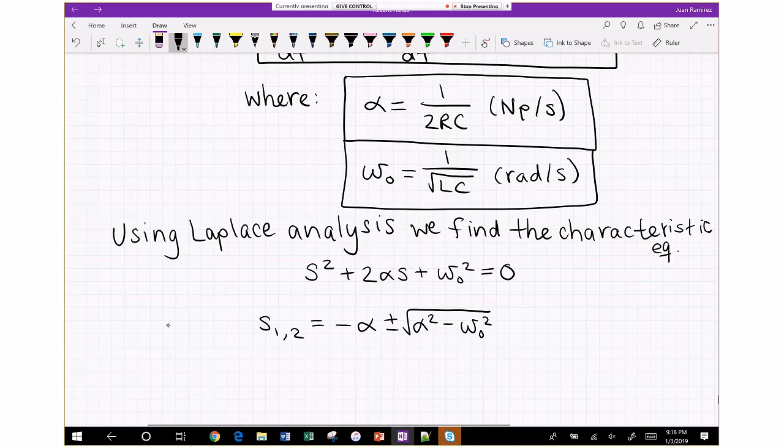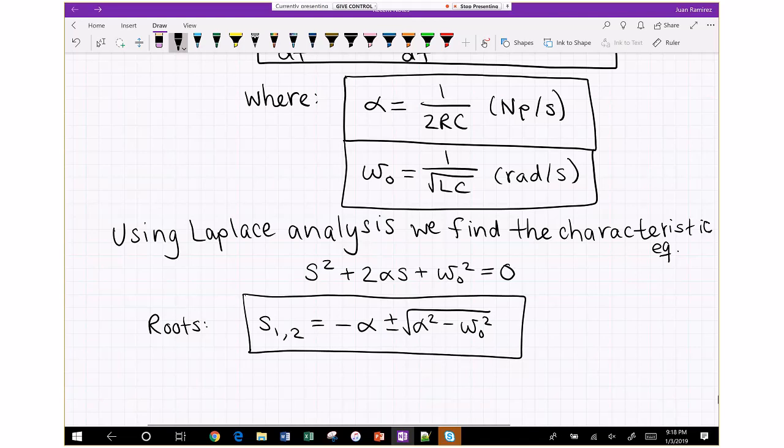All right. So all this looks a lot like what we learned in section 8.3 with the series RLC circuit. Difference is that this characteristic equation is for the voltage across the parallel RLC and not the current through the series RLC.